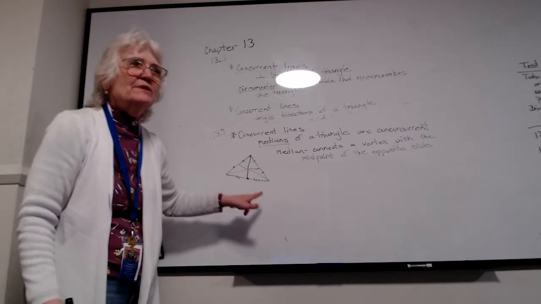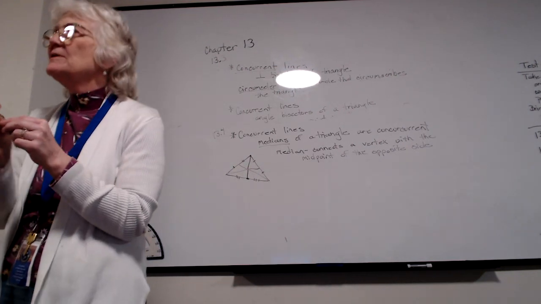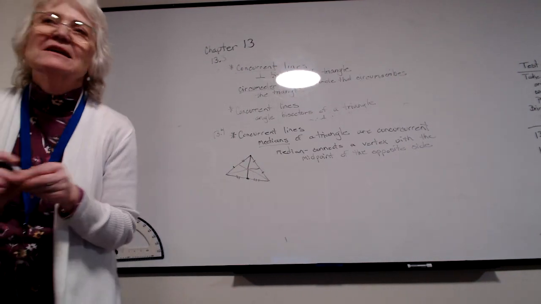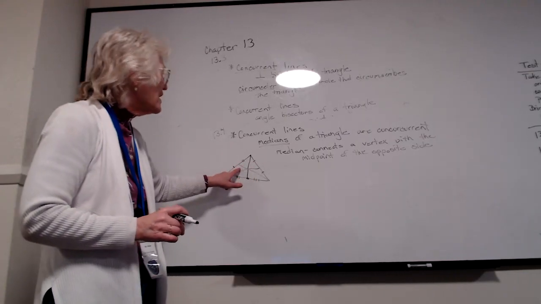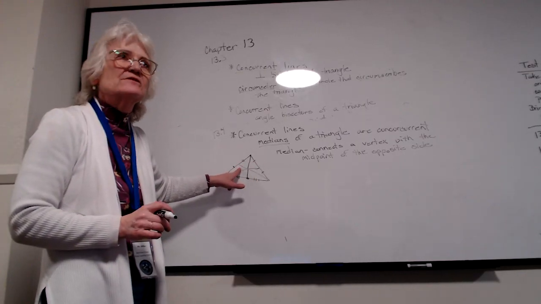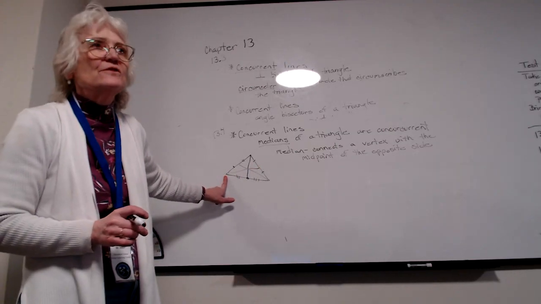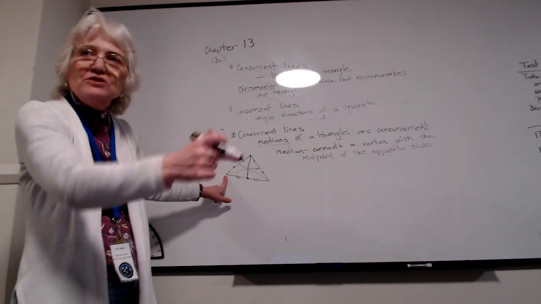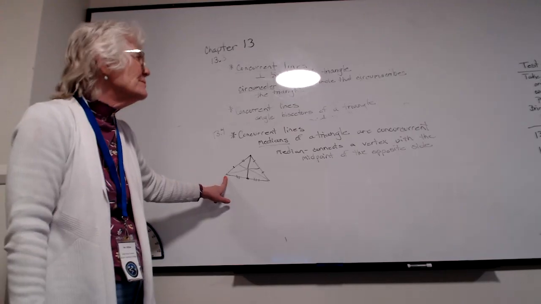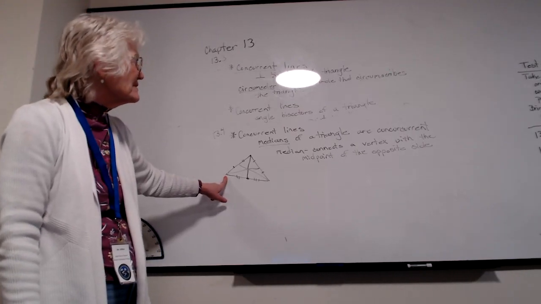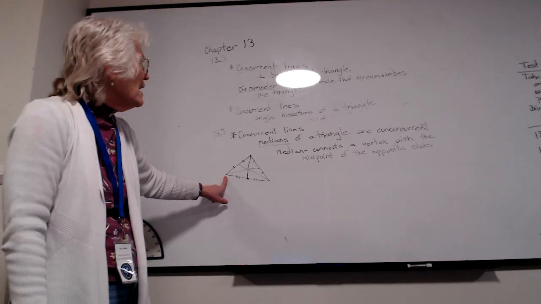Notice these are not perpendicular. So they're different than the perpendicular bisectors because these medians are not necessarily perpendicular to the side. All they do is connect the vertex to the midpoint of the opposite side, okay?